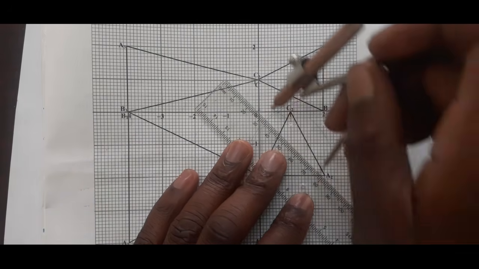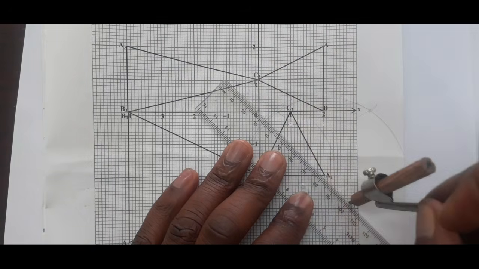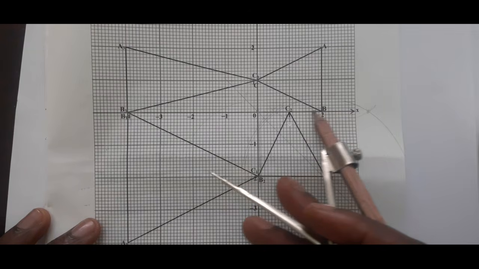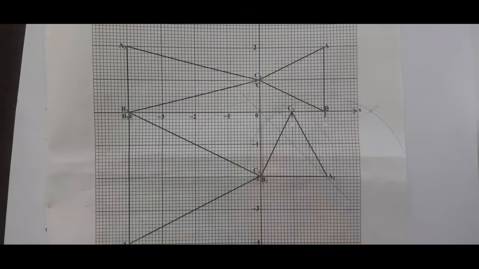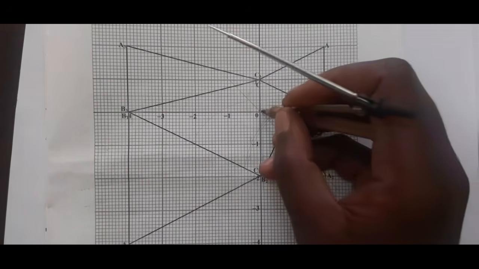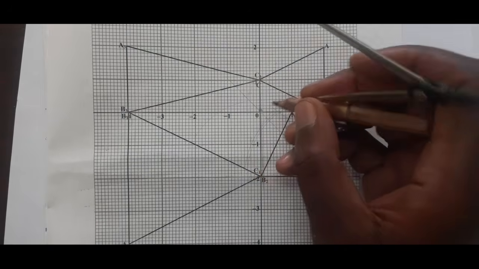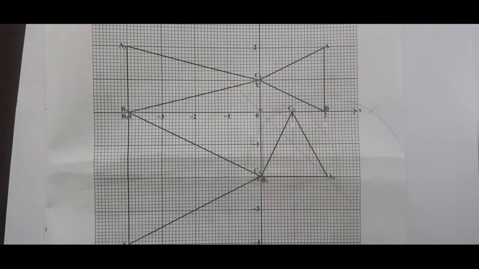So you've seen again, when you join these 2 points, remember that we had one line that was straight on the x-axis. And where have the two met? The two have met here, which is again the origin.